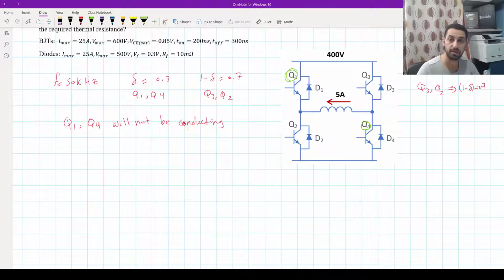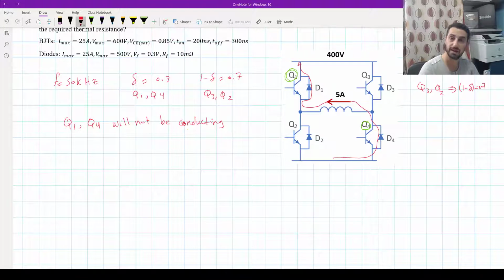But where is the current going to flow? It will flow through this diode and come out from that diode. By this way, I maintain the same direction, and during Q1 and Q4 we don't flow the current through them, because if they were MOSFETs, yes, we could, but because they are BJT transistors, the current doesn't flow from emitter to collector.